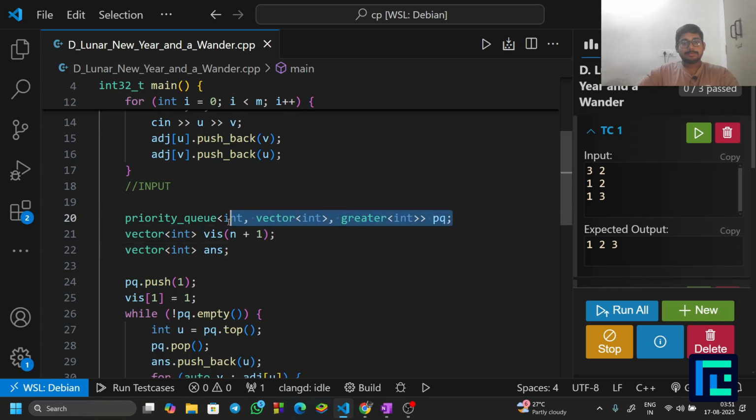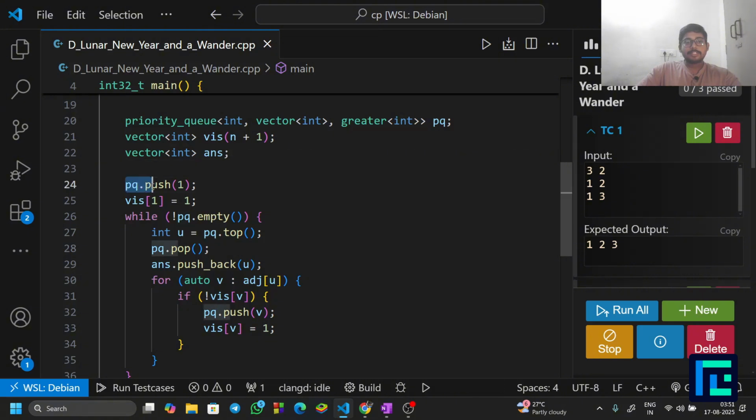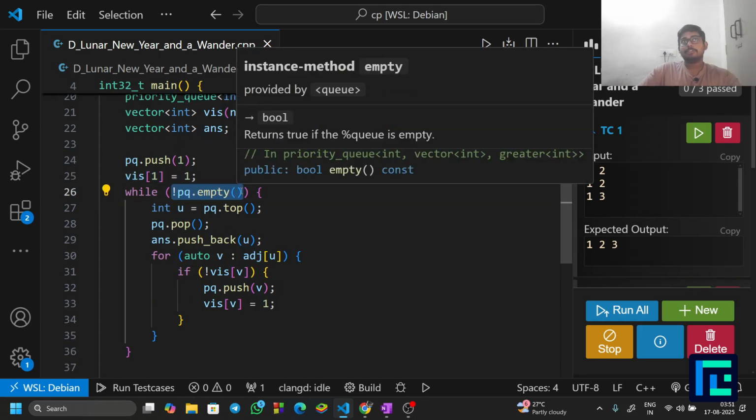So we have defined this priority queue, and we are taking a visited array to mark the values which are visited. Okay, and we are taking an answer vector. So in that we'll push our sequence. Initially we start with pushing 1 into our priority queue and marking 1 as visited. Then one by one we'll take out elements from the priority queue and push all its adjacent elements back into the priority queue.